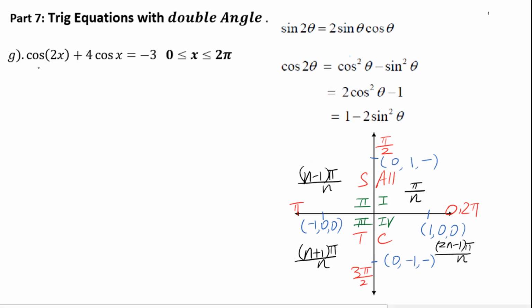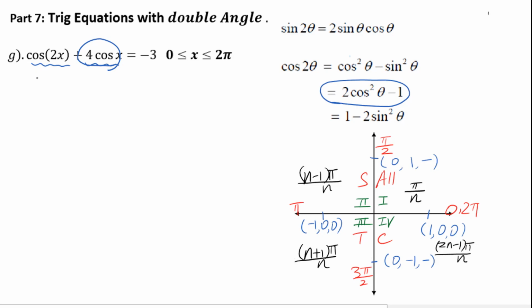Let's go to G. Cosine 2x plus 4 cosine x equals negative 3. X is between 0 and 2 pi. For this cosine 2x, since in the equation you are given cosine x, you need to use this formula so that you can create a quadratic pattern trig equation.